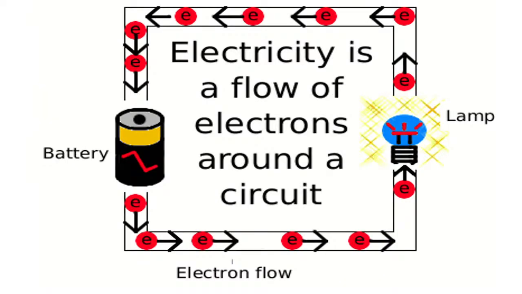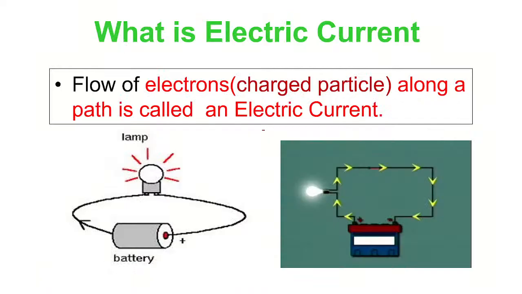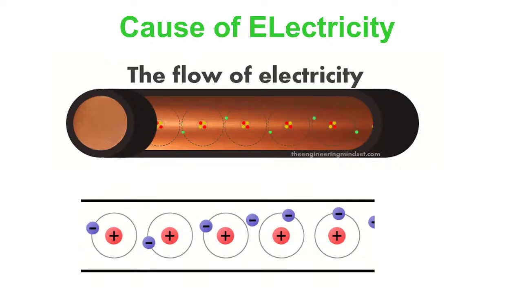As I already told you, electricity is nothing but flow of electrons around the circuit. And who gives this energy for the electrons to flow? The battery gives the energy, or acts as a source for the electrons to flow in the electric circuit. And this part we have already seen. The flow of electrons along a path is termed as electric current.